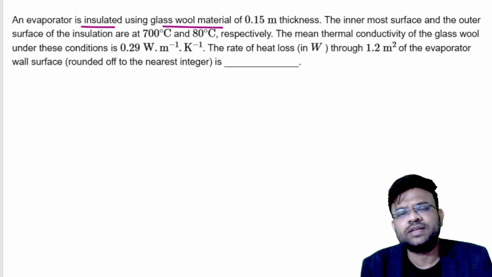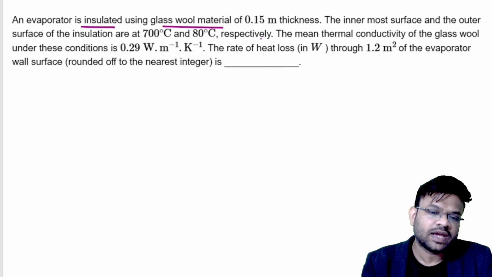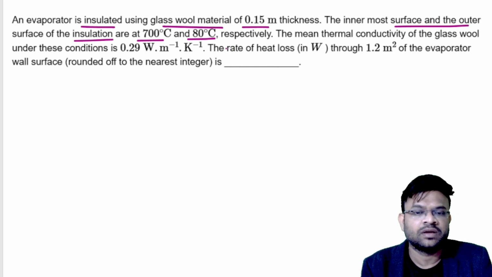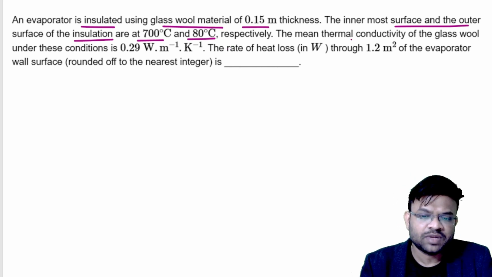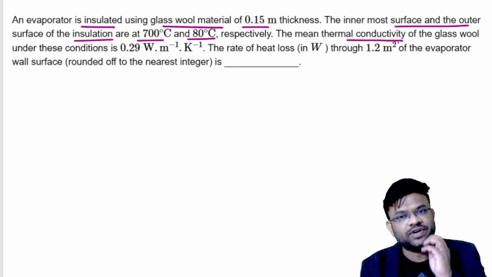Now you should be knowing that glass wool is a very commonly used insulator, and the thickness of the material is 0.5 meters. The innermost surface and the outermost surface of the insulator are 700 degrees centigrade and 80 degrees centigrade respectively.